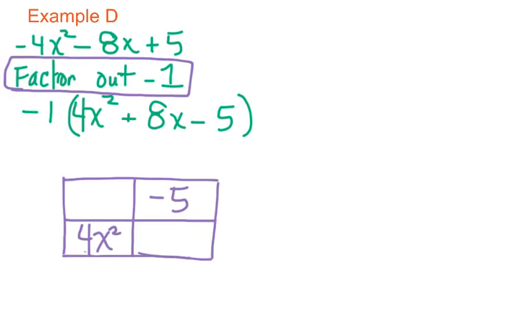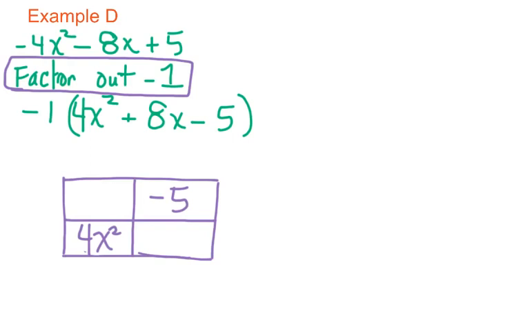So if I factor out a negative 1, what I've got is 4x squared, that negative 8x becomes a positive 8x, and my last term becomes negative 5. I can verify that by multiplying everything inside my parentheses by negative 1, and I'll get back to my original example D.